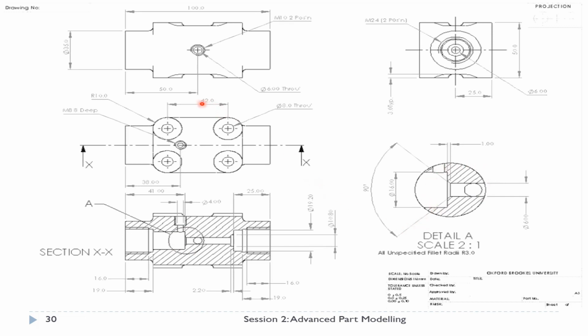Effectively, what we need to do is think about a few things. The first thing that we need to determine is whether that part has a plane of symmetry or not.